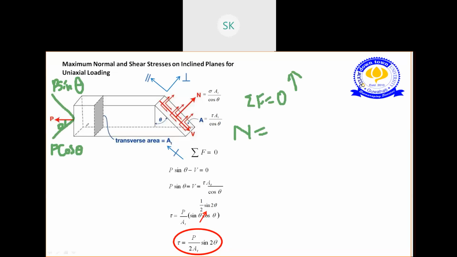On this surface, the direction is this way, because this is going outward, so this will also go in the outward direction. If I'm taking this N as positive, I'll take this one as negative.